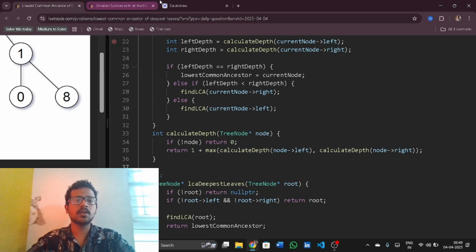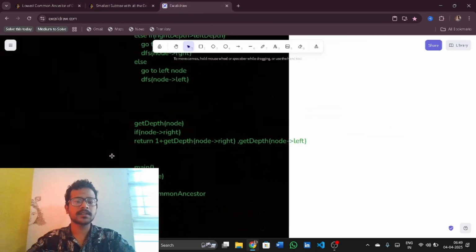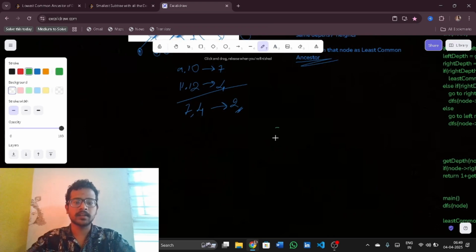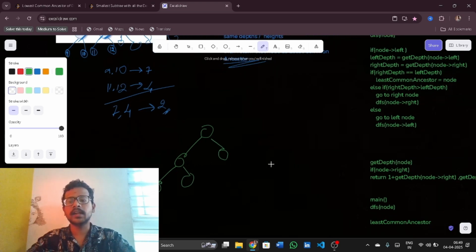So you might be saying that if this node is having 2 and this is having 1, then here it is the left and here it is the right. This is having 2, this is having only 1.